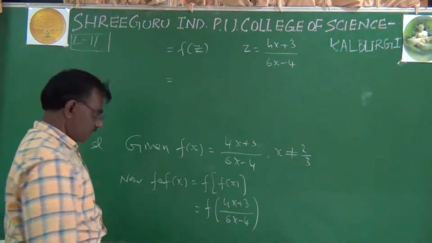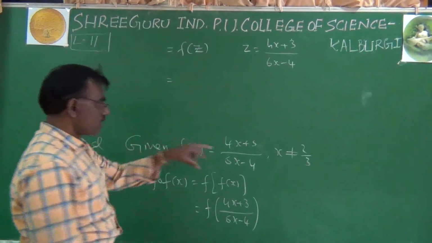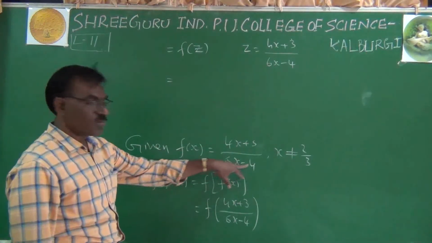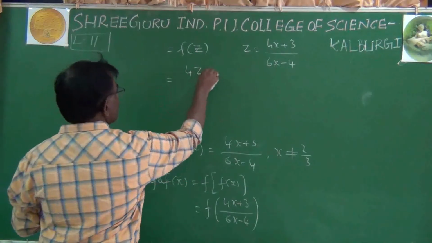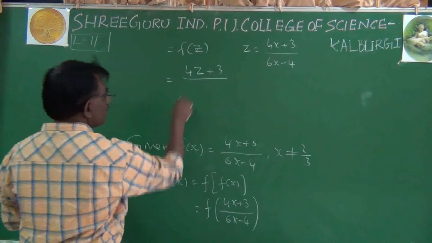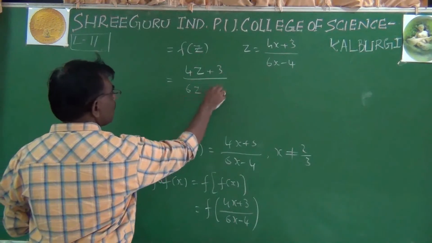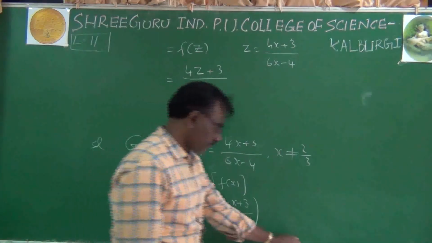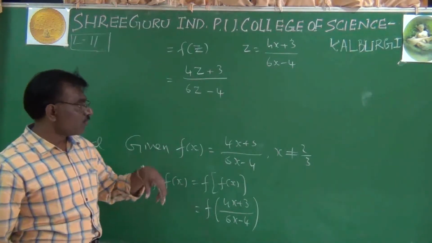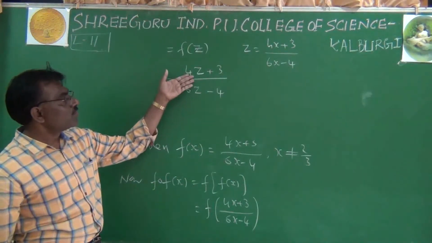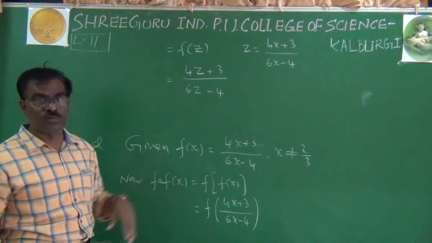Now what is f of z? When f of x is 4x plus 3 by 6x minus 4, f of z is 4z plus 3 divided by 6z minus 4.